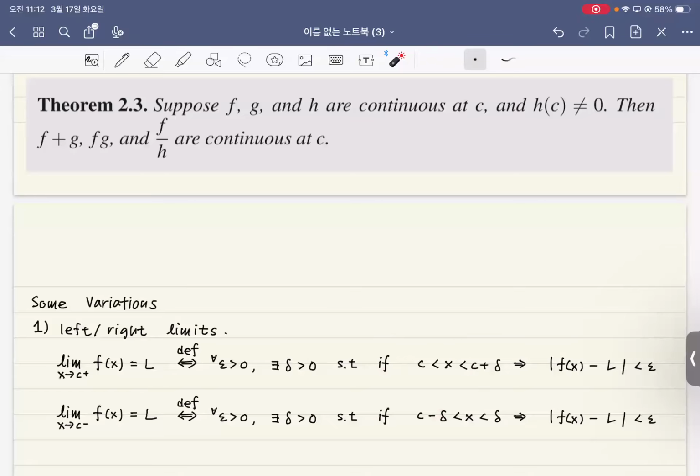These definitions look very similar to the previous definitions of continuity of a function at c.